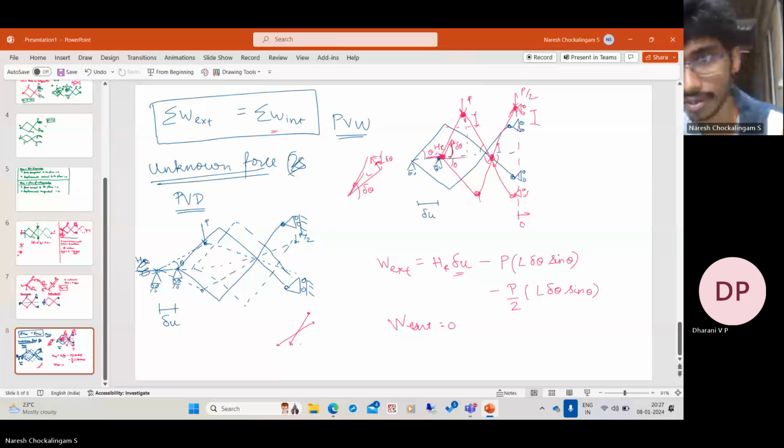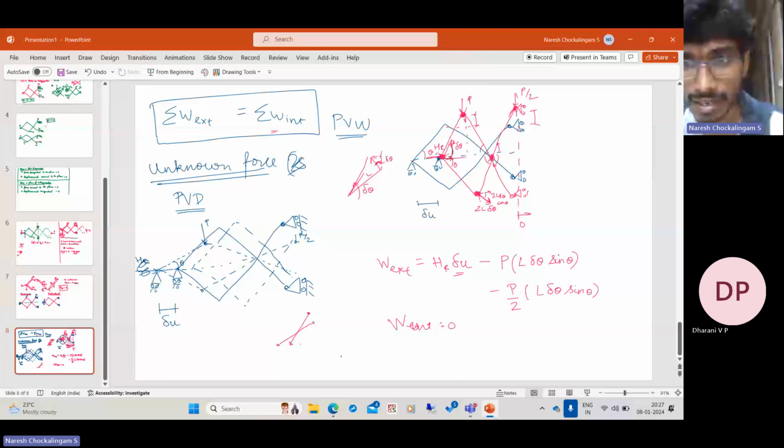This entire thing has rotated, so the displacement here will be 2L delta theta, and we are interested only in the horizontal component. So this is 2L delta theta cos theta. And here, about this point, from this point to this point, you have L delta theta cos theta.